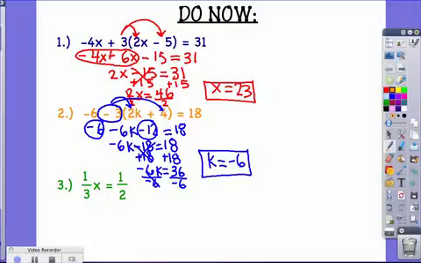So I'm going to multiply both sides of the equal sign by the reciprocal of 1/3, or 3 over 1. Since 3 over 1 times 1/3 is just 1, I'm left with 1x, or x, on the left side of the equal sign. On the right, I can multiply across to get 3/2. My final answer, x equals 1.5.